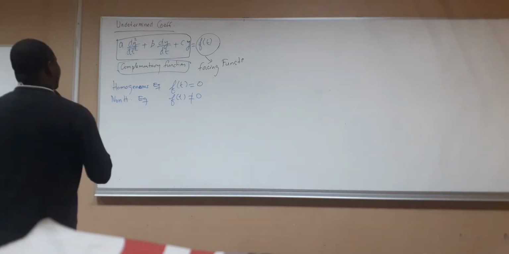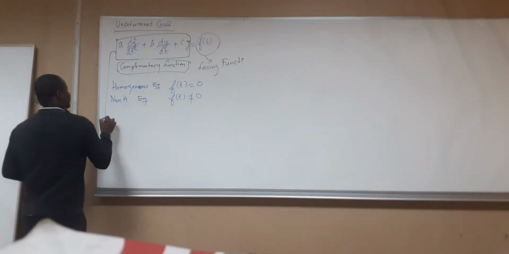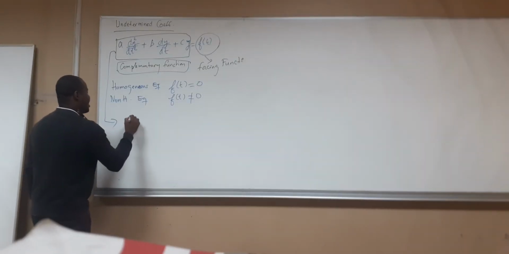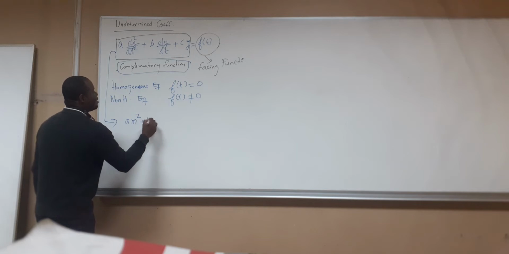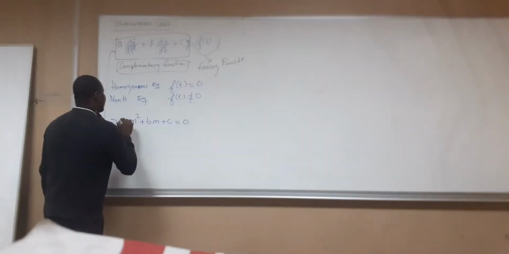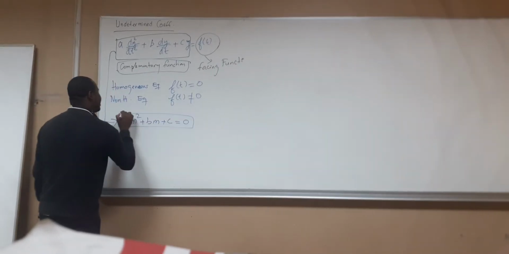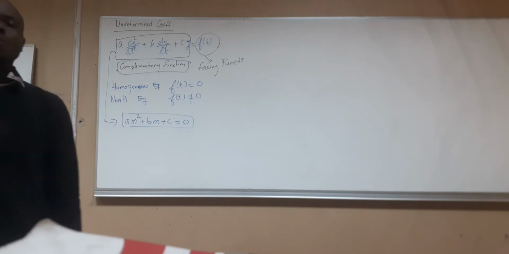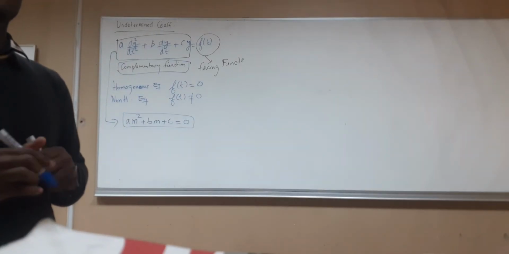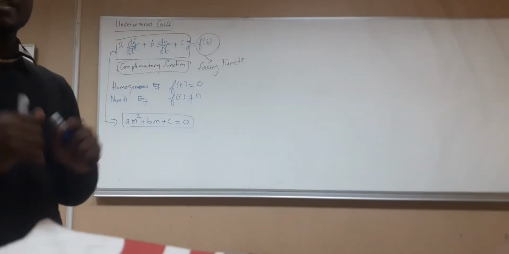We take only the coefficients, and you have m squared plus bm plus c equal to 0. This is what we call your characteristic equation.